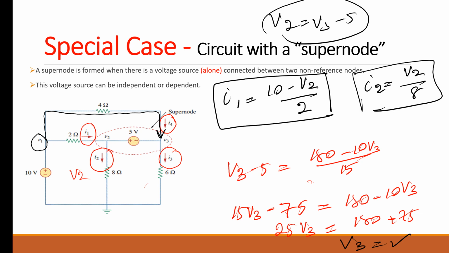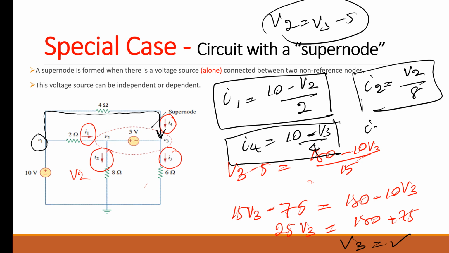Voltage divided by the resistance will be the current. And I4 is (V1, 10, minus V3) over 4. And you can write I3, which is equal to V3 over 6. So you know the voltages V1, V2, V3, and also the currents I1, I2, I3, and I4.